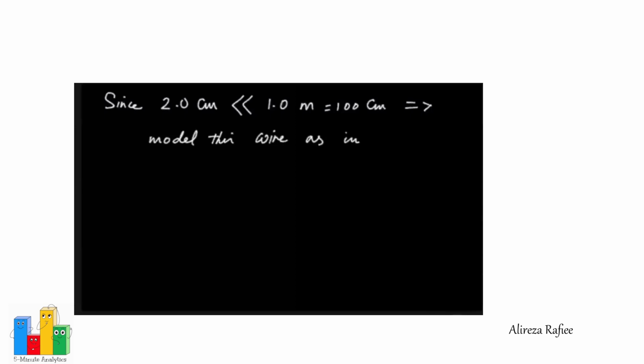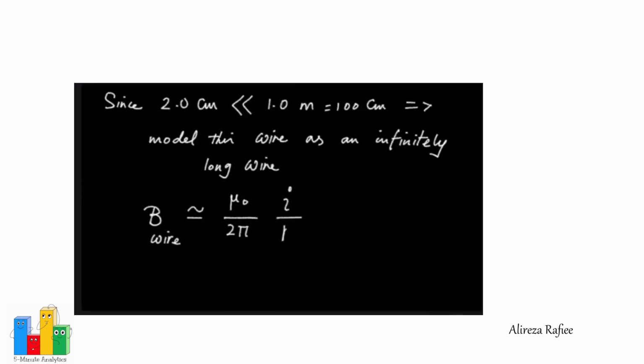So I would say since 2 centimeters is much, much smaller than 1 meter, which is 100 centimeter long wire, I can conclude that I can model this wire as if it's an infinitely long wire, which means the magnetic field around the wire would be approximately mu0 divided by 2 pi, the current which passes through the wire, divided by how far away we are from the wire. Okay, that's the modeling.